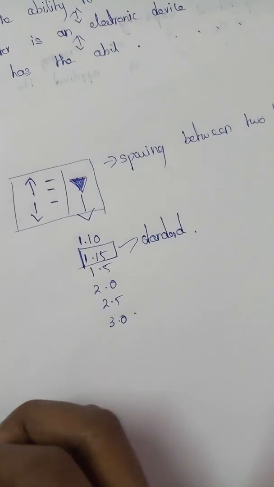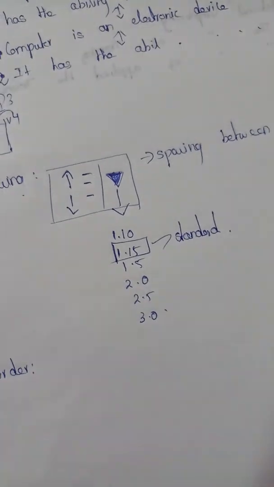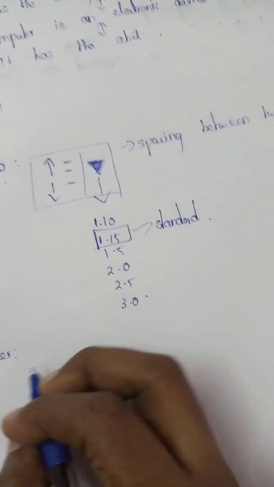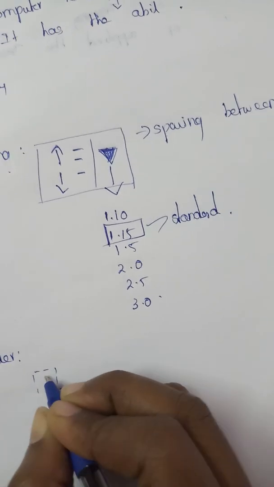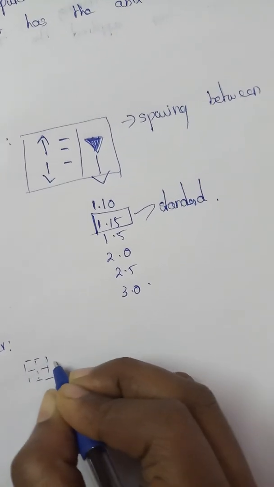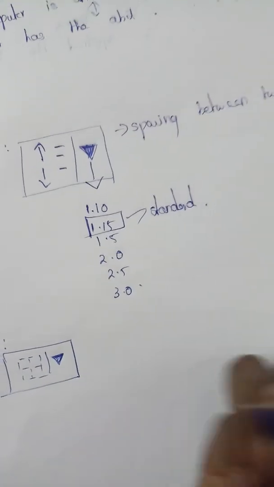And then border. In the paragraph group, you have another option, border. This is the icon for border.